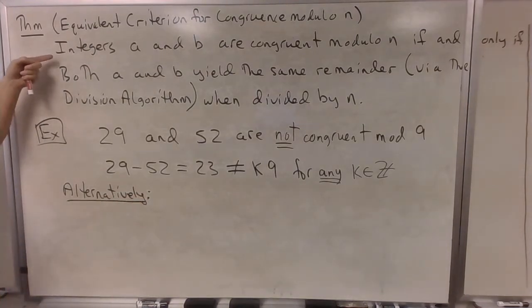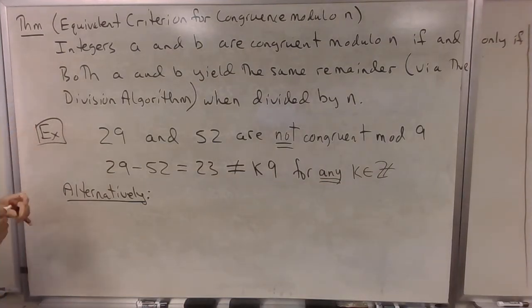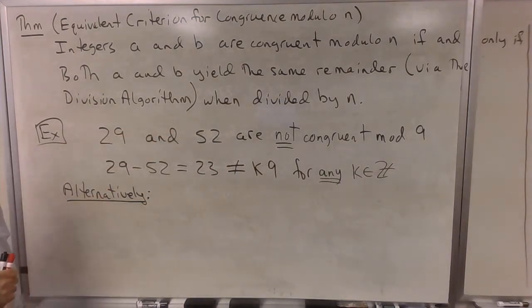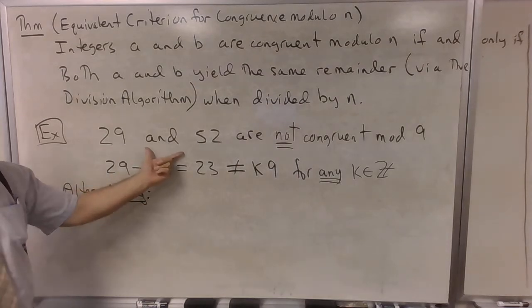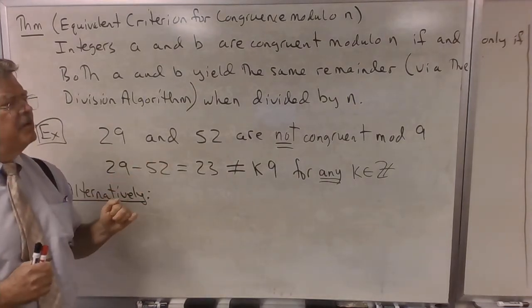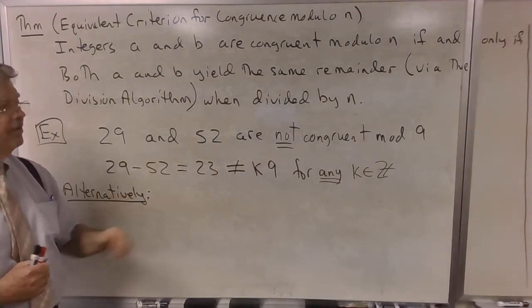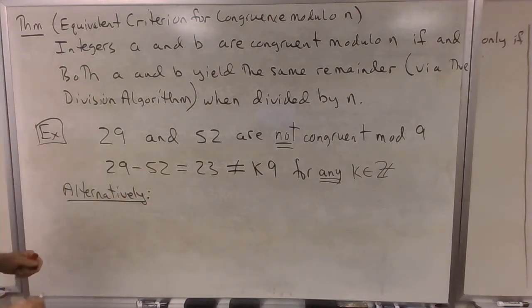Alternatively, we can use this criterion up here. If 29 and 52 are congruent, then they'll have the same remainder when we divide by 9. If they don't have the same remainder when we divide by 9, then they're not congruent mod 9.